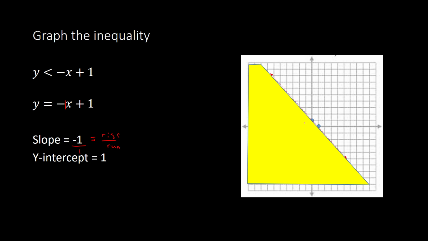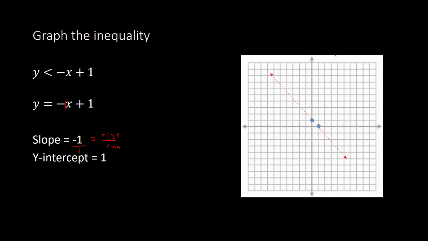So the shading is the one part that is going to be different with an inequality. The other part is the fact that with less than or greater than, that does not actually include the line itself. So notice how this line is dotted. It's kind of hard to tell maybe on this screen, but this is a dotted line. And it's dotted to represent the fact that this inequality does not include the line. So if it were less than or equal to, it would be a solid line because it could be equal to that line. But because it's just less than, it's going to be a dotted line.